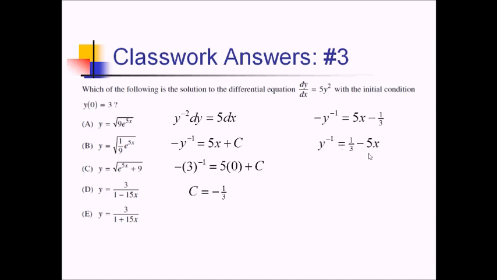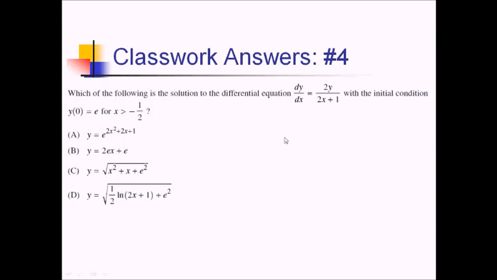For that, I need a common denominator of 3, so that means this would be 1 minus 15x all over 3. And now that I've got just one big fraction, I take the reciprocal, so y equals 3 over 1 minus 15x. Is that an answer choice? It is. Choice D.